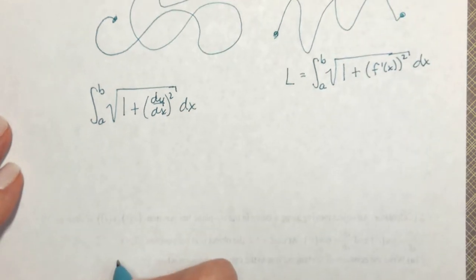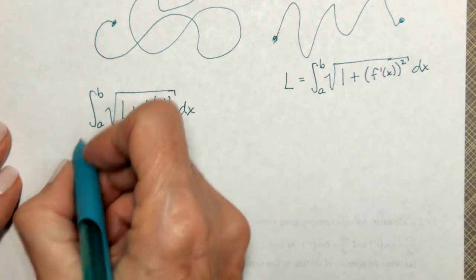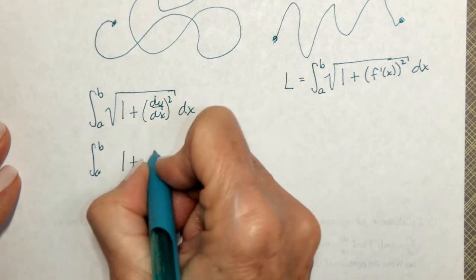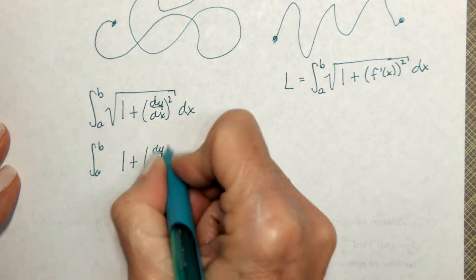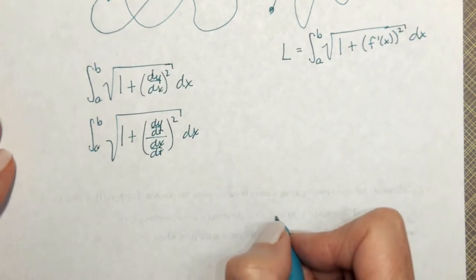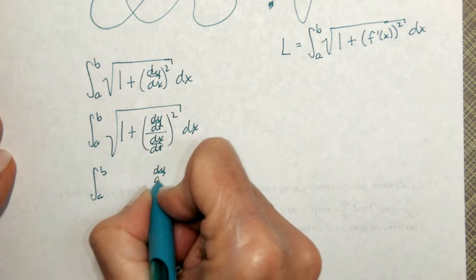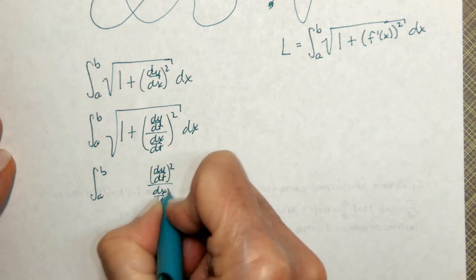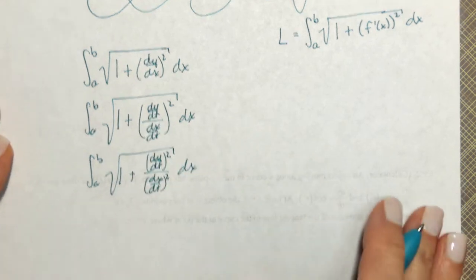All right, but now we have motion on a curve, and we know what dy/dx is when we're on a curve. We did that yesterday. Dy/dx is dy/dt over dx/dt. Which means dy/dx squared is (dy/dt) squared over (dx/dt) squared.